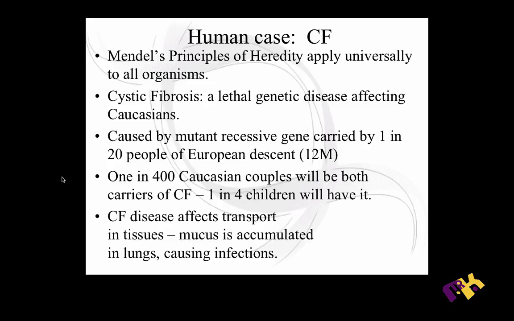Now, you may know individuals that suffer from this. I had a pretty close friend that passed away about 10 to 12 years ago from cystic fibrosis. She was like 32 years old, and it's all about affecting transport in tissues, primarily the cilia that help move the mucus out from your lungs and up your trachea and out, so you don't drown in your own mucus. That's really what happens.